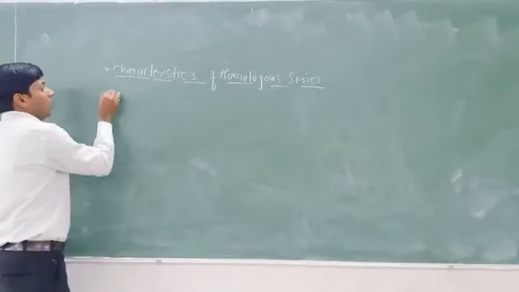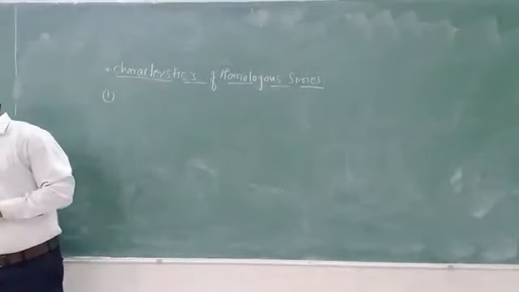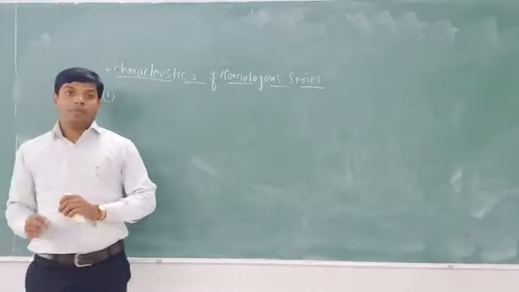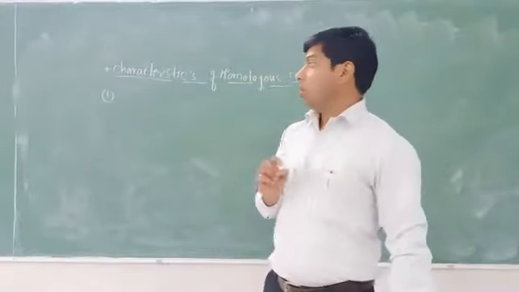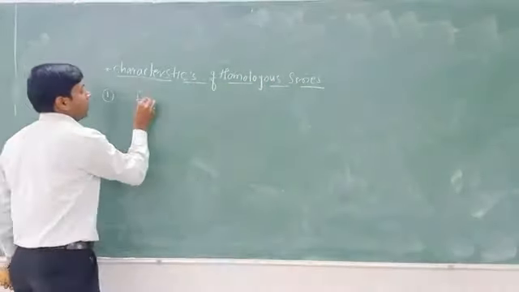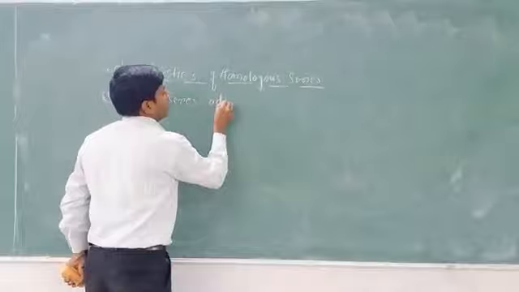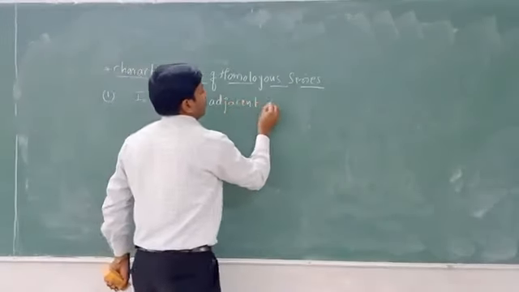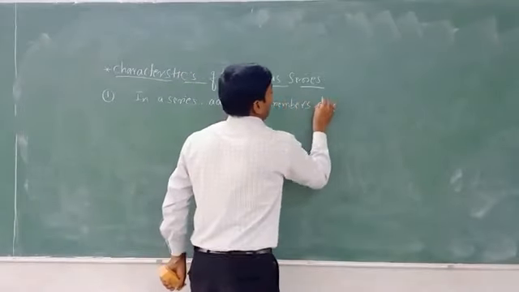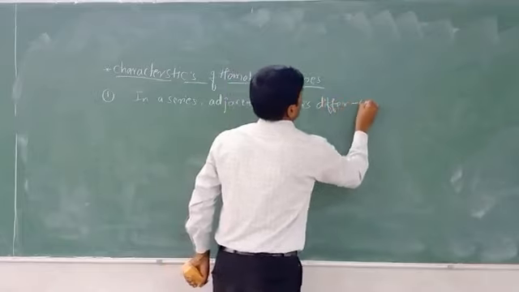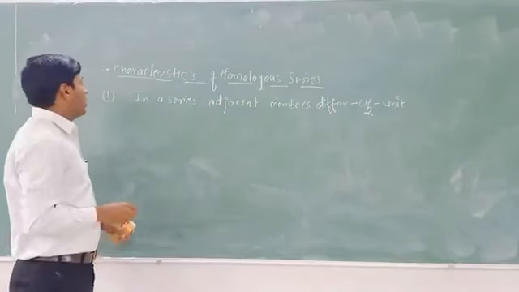The first characteristic property of the homologous series is that in a series the adjacent members differ by a CH2 unit.